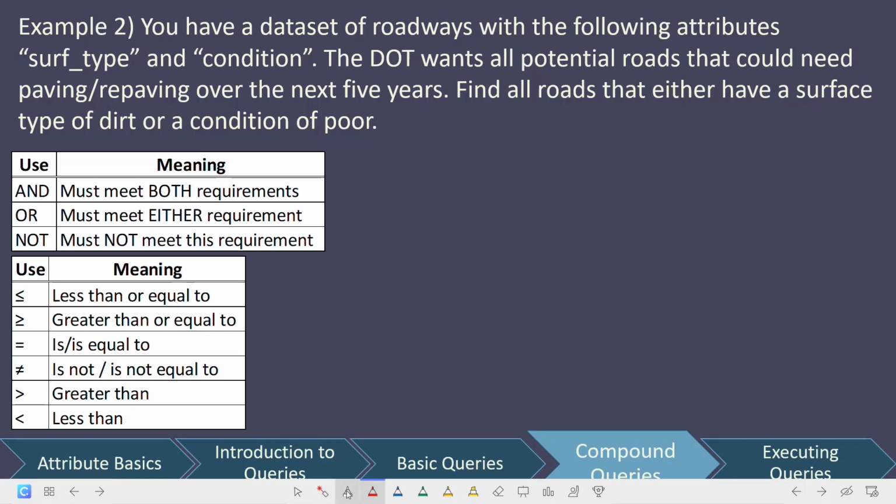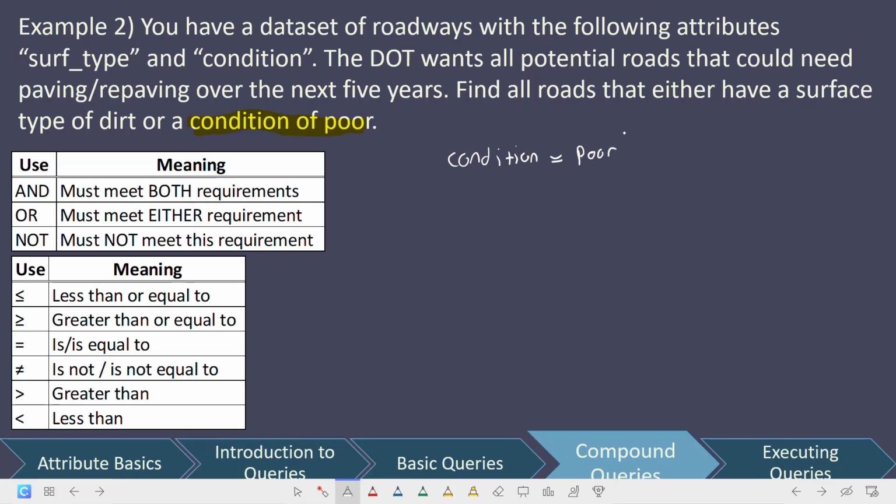So in this case, again, we're going to break this up into two separate queries. The condition is poor. This is one condition, so we can write a query for that. Condition equals poor.